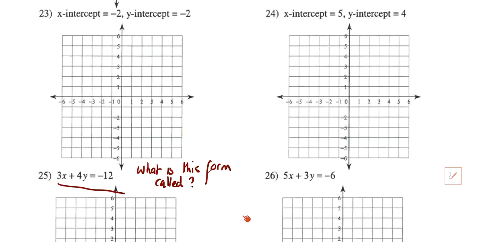So you are just being asked now to sketch the graph given the intercepts. So, are we all doing this? Yeah, I did. So, the x-intercept is -2. So we should have a point. The x-axis intercept is -2. The y-axis intercept is -2. And we should draw a line.